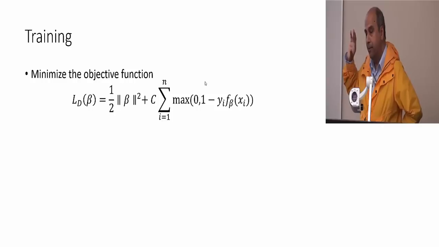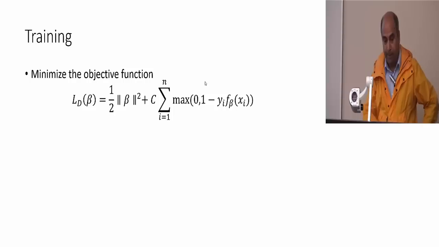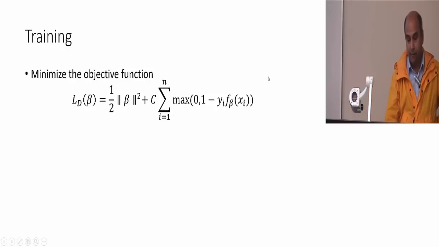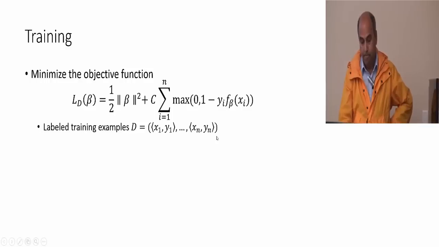Instead of W, we have beta, and this is the same thing. As you remember, the positive yi will be +1, negative yi will be -1, and this function will give you, if it is positive, greater than 1, if it is negative, less than -1, and so on.